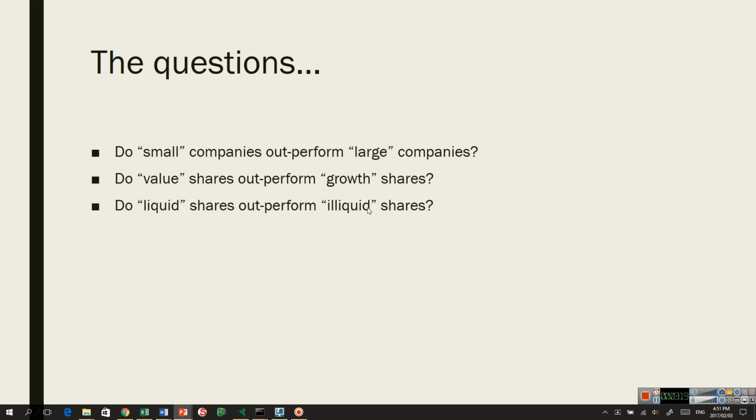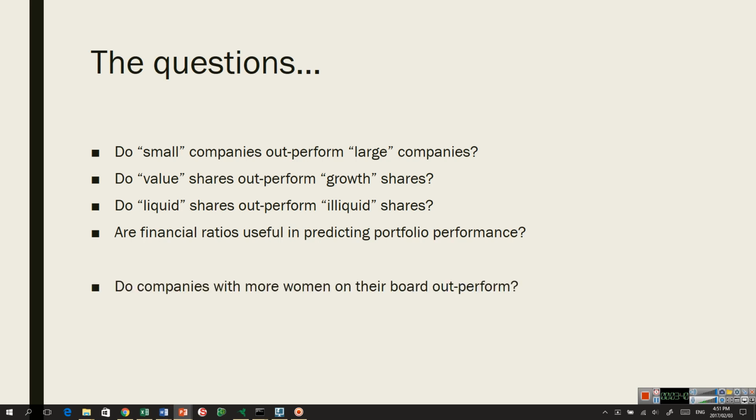Once again, there's been a lot of research done on something we refer to as the liquidity premium or illiquidity premium. We can also look at financial ratios. Are these useful for predicting portfolio performance? Should you buy shares on the basis of them, of companies which have high return on equity, for example? We can test these things.